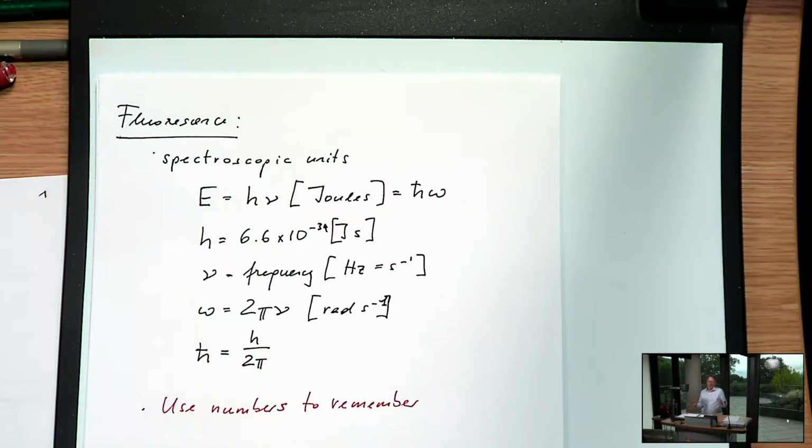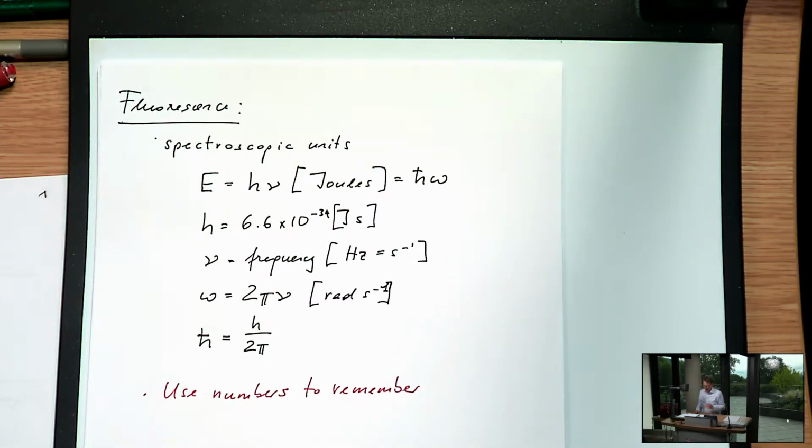And so by having a feel what typical numbers you might encounter in these type of calculations, it is a useful thing to have to make sense of what you do, and to check quickly whether you are in the right order of magnitude or not. So some of those I urge you to remember. So for example, of course, you know already the speed of light, c, is 3 times 10 to the 8 meters per second.